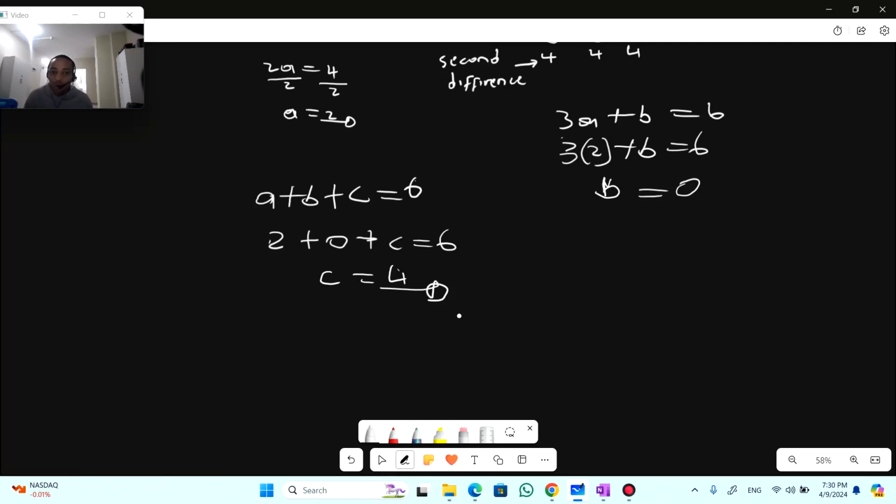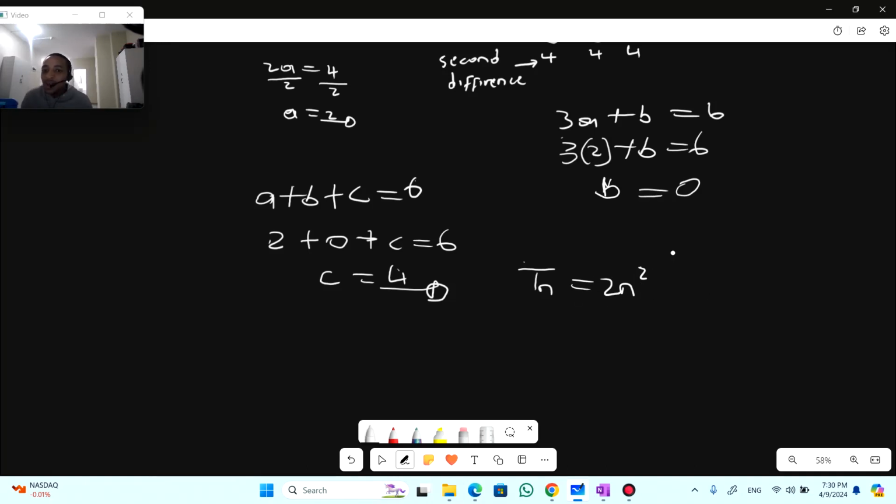Now you can go to your equation and say Tn is equal to, so your value of A is 2 n squared, don't forget that, squared.